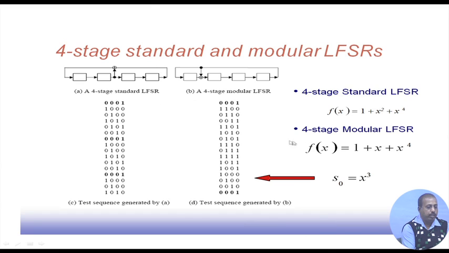In the case of modular LFSR also, it is 1, x square, x cube, x to the power 4, so x to the power 4 is definitely coming. In all the cases, from the last cell we are always taking the feedback, so this x to the power n term is always present.